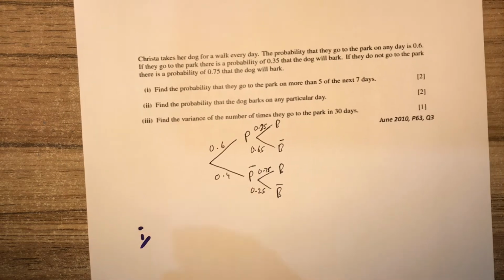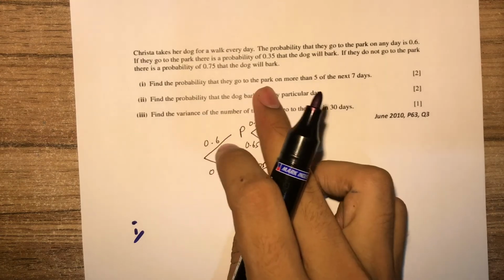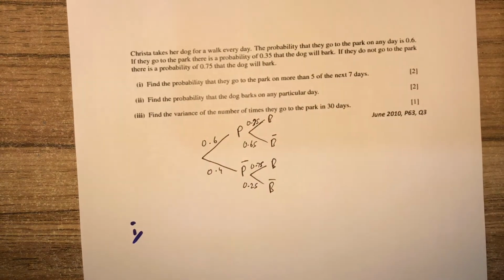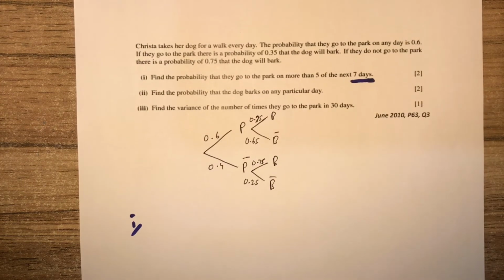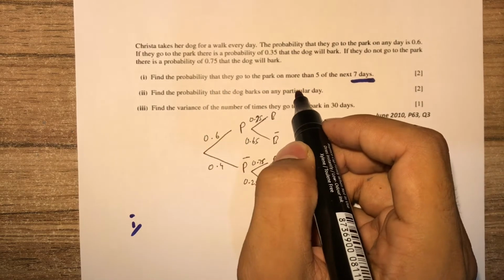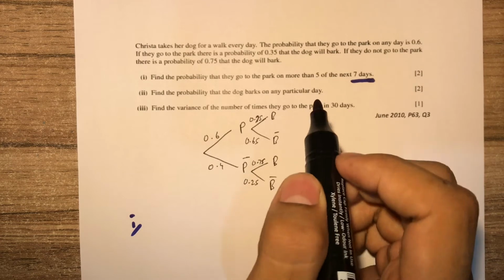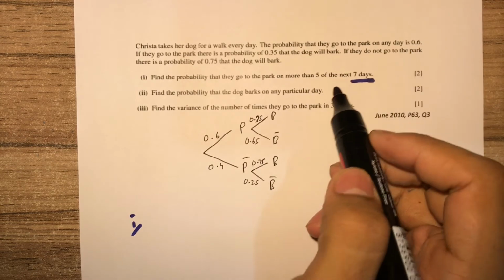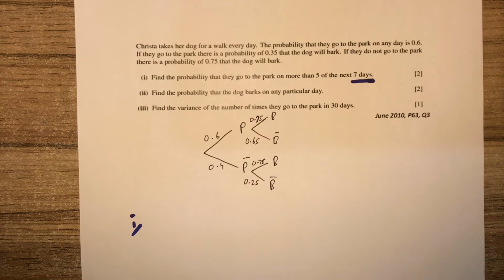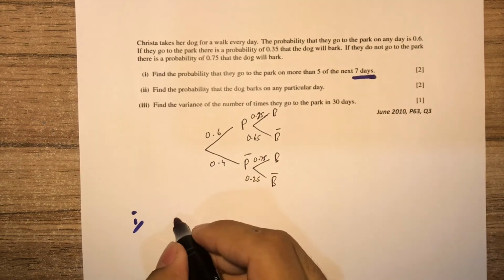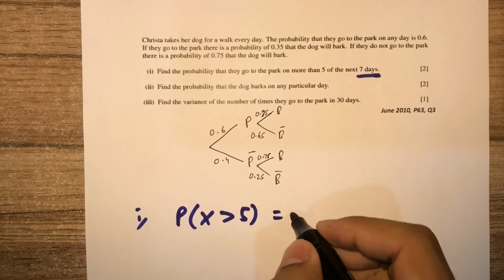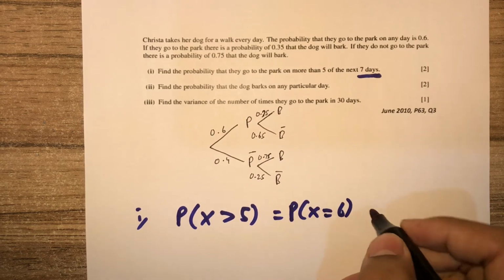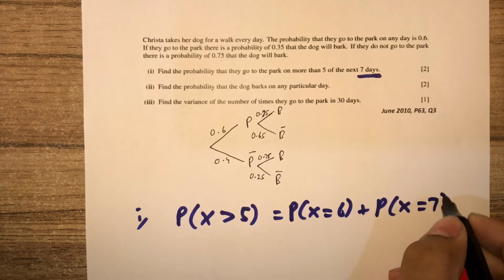Now the first part, find the probability that they go to the park on more than 5 of the next 7 days. So they gave us 7 days, that is a fixed number of trials. And they're talking about going to the park, so the probability of success will be 0.6 and the probability of failure will be 0.4. Now we have to find the probability of X greater than 5, right? That is equal to P(X=6) plus P(X=7).